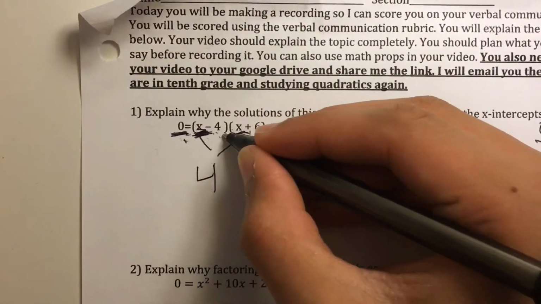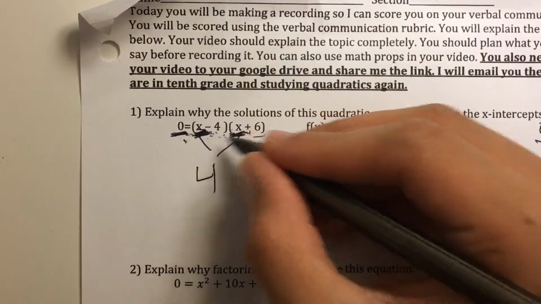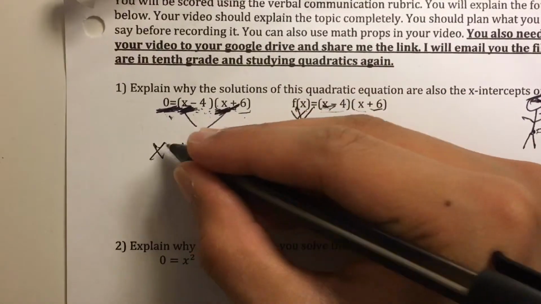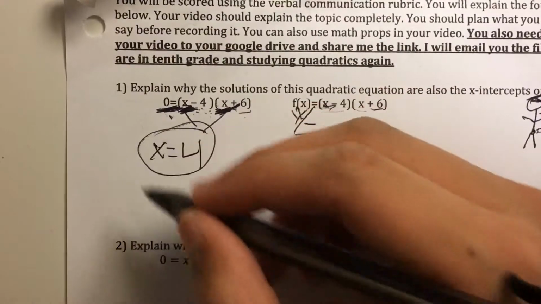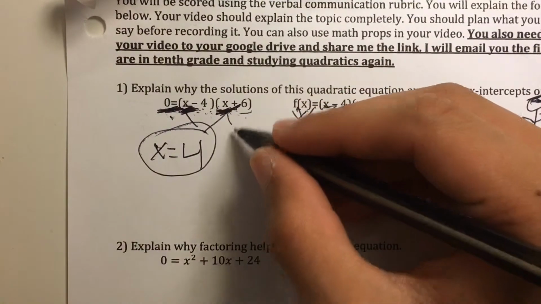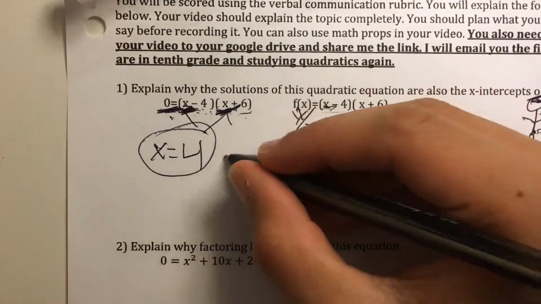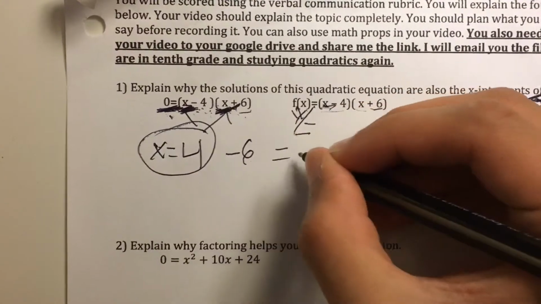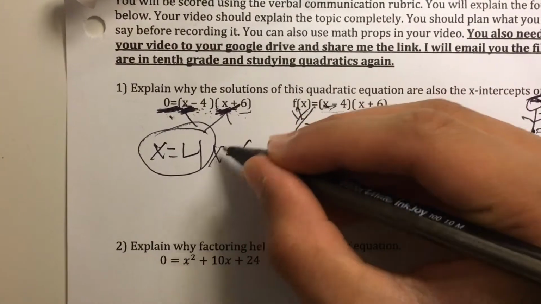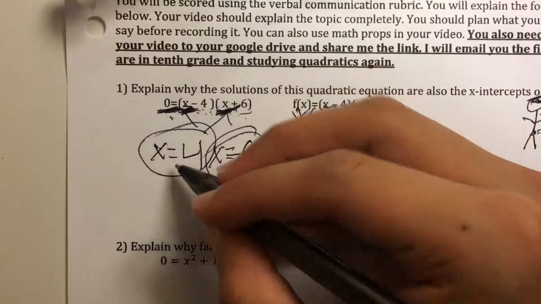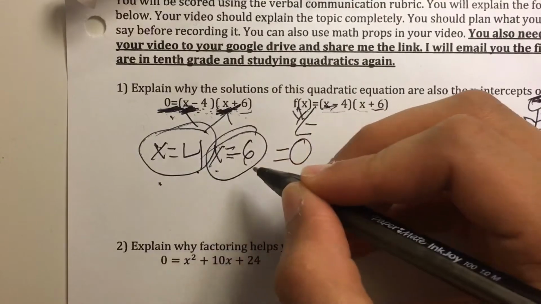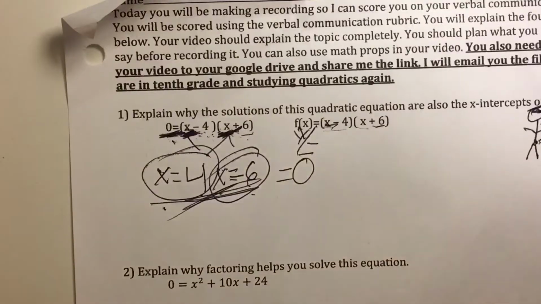Because 4 minus 4 is 0, and 0 times anything is 0. So our first answer would be 4. For this one it's going to be negative 6, because negative 6 plus 6 equals, you guessed it, 0. That makes sense. So x equals 4 and x equals negative 6. Those are our solutions, if that made sense.